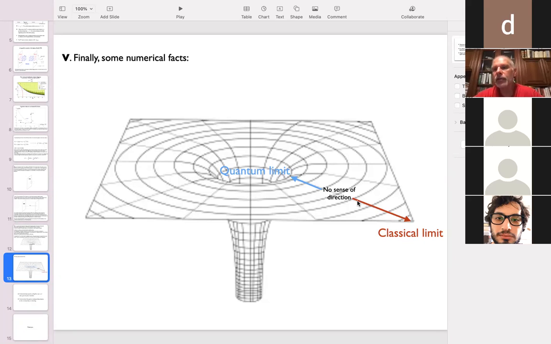That's a very strong signal that there is no sensible effective field theory that you can write down, and therefore there is no sense of direction given by the direction in which the RG flows evolve. So this is a regime where there is no sense of direction.